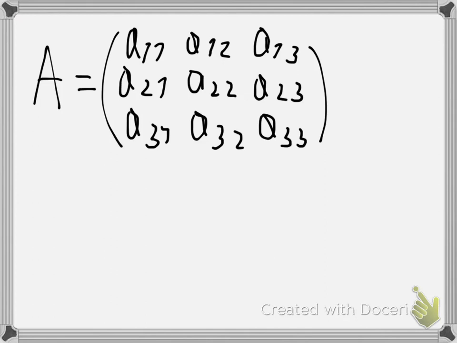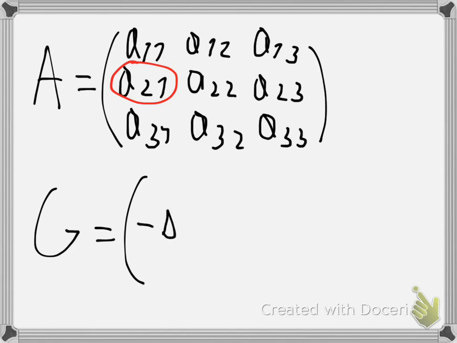Basically, let's say we want to eliminate A21. So our Givens rotation will be, remember the minus sign is at the same place. Remember the minus sign is always at the bottom left.